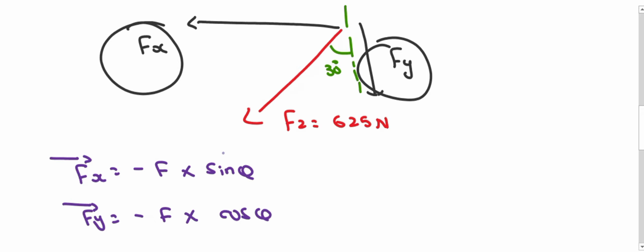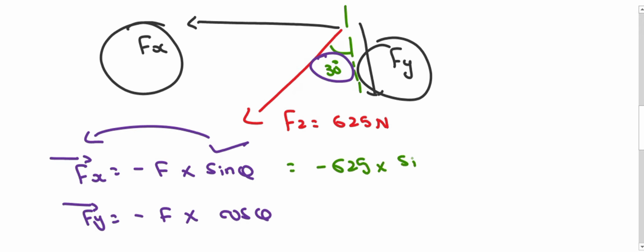Why am I putting sine theta in the x component? Because this 30 degree angle of the 625 Newton force is measured from the y-axis. That's why I put sine theta in the x component and cos theta in the y component. The value of F is 625 and theta is 30 degree.